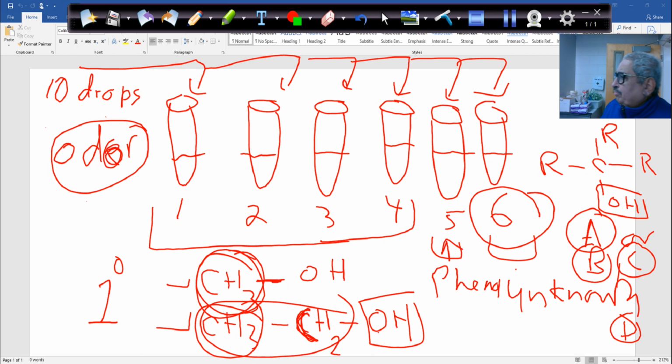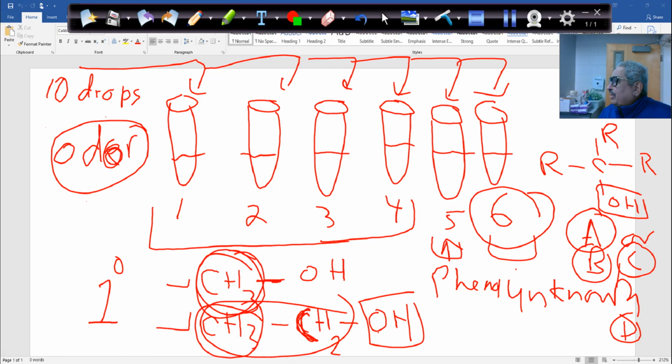So we test the odor of them, and you can tell that the general alcohols smell nicer, correct? The phenols don't smell very good, but they have a distinct smell.